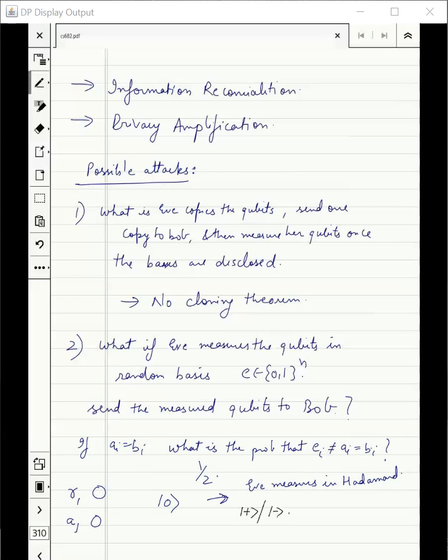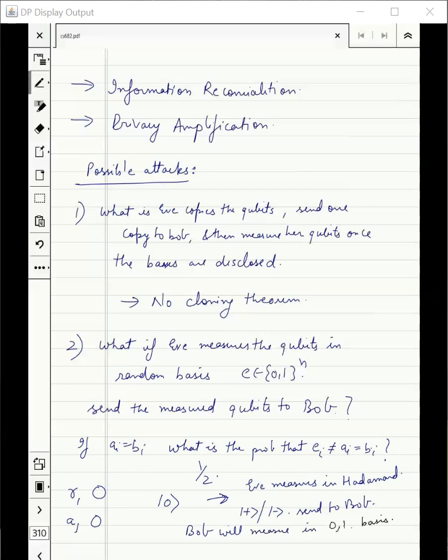Eve will send this state to Bob. Now Bob is going to measure in which basis? The 0, 1 basis.